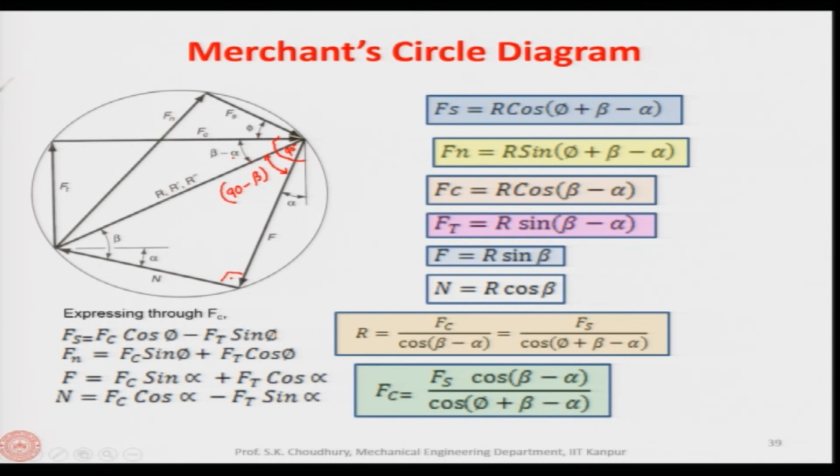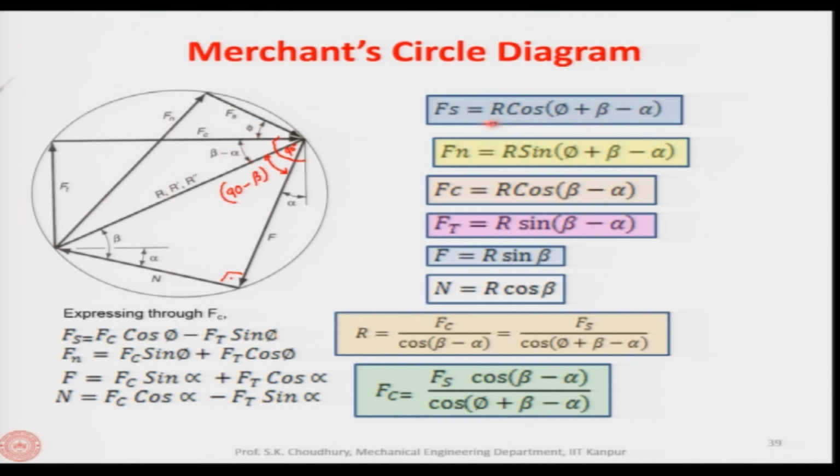Now, if we have this geometry, then from the triangles we can find out Fs with respect to R prime or R. Fs will be R and the cos of this angle, which is cos of phi plus beta minus alpha.